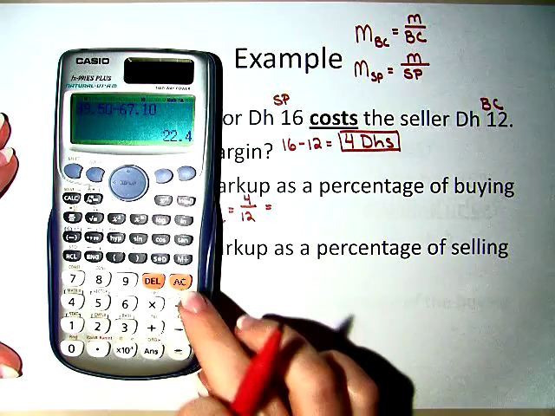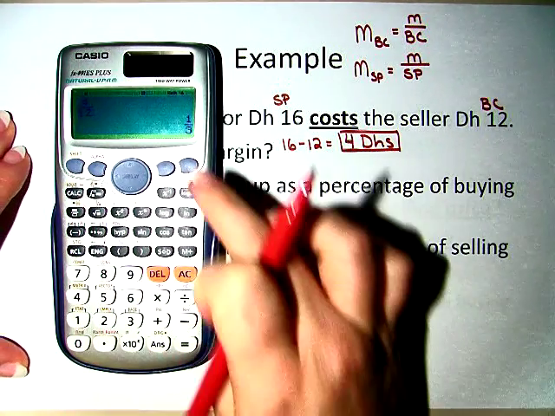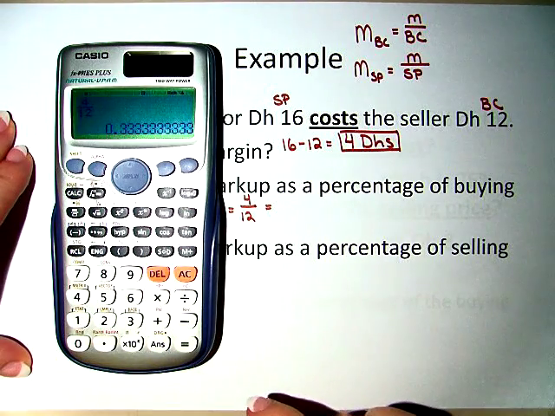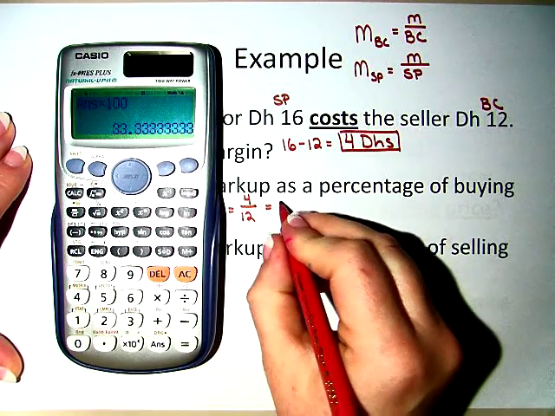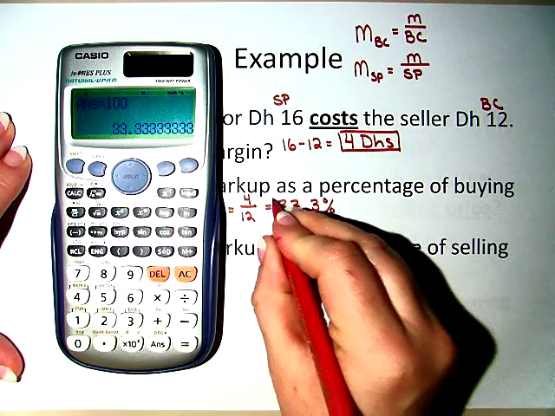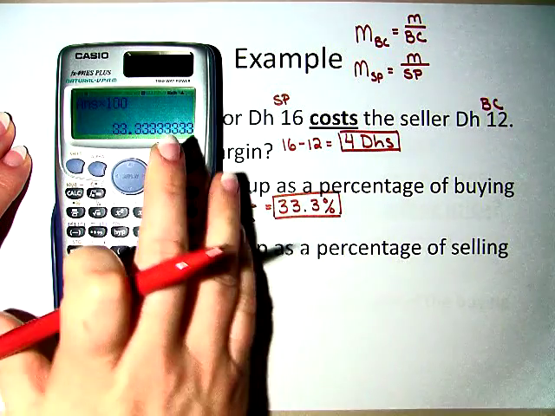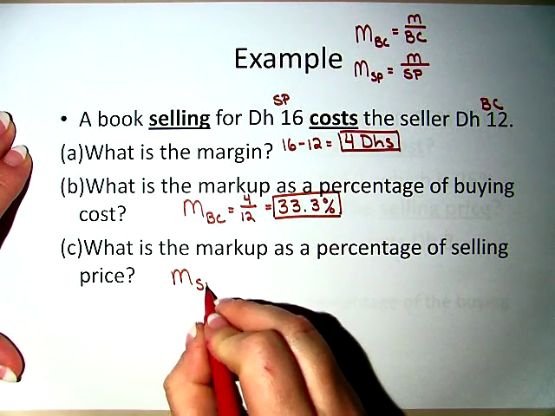We'll get our calculator out. 4 over 12 gives us 1/3. We need to make that into a decimal, multiply by 100, and we get 33.3%. The next one is markup as a percentage of selling price.